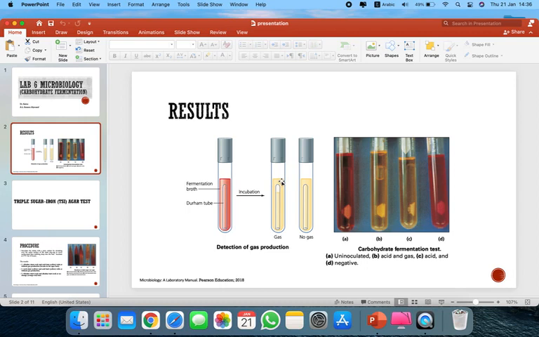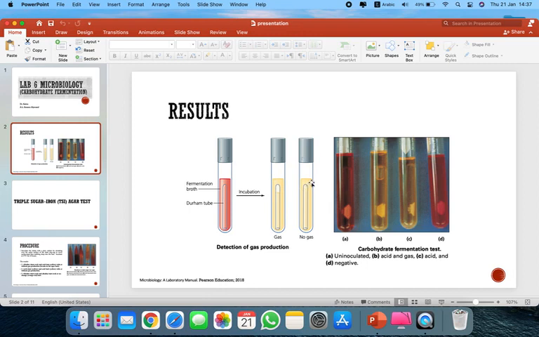For example, the same bacterium that produced the acid has the ability to produce gas. So in the same tube we will see a change in the color and production of bubbles, or gas, inside the Durham tube. That means this bacterium has produced acid and gas.